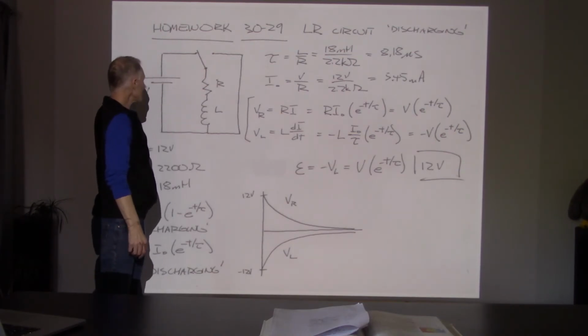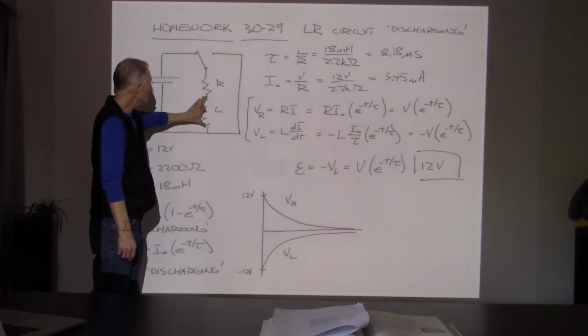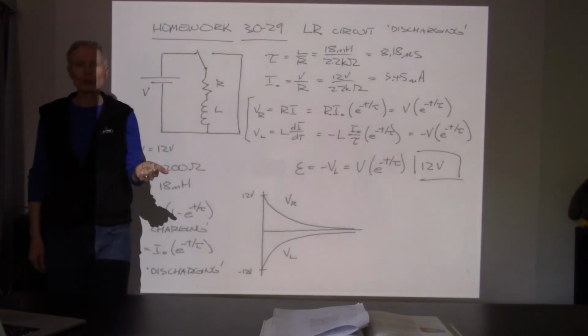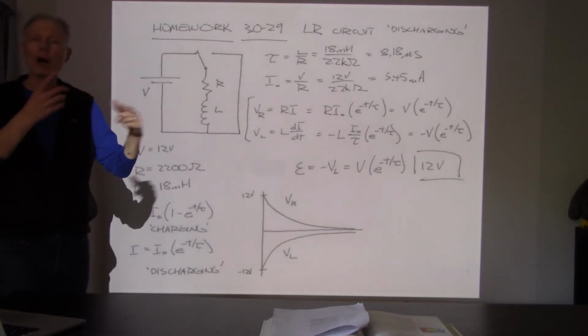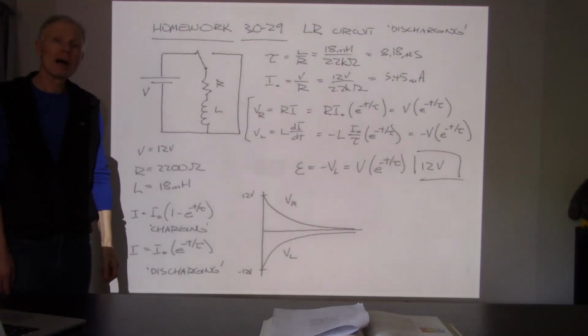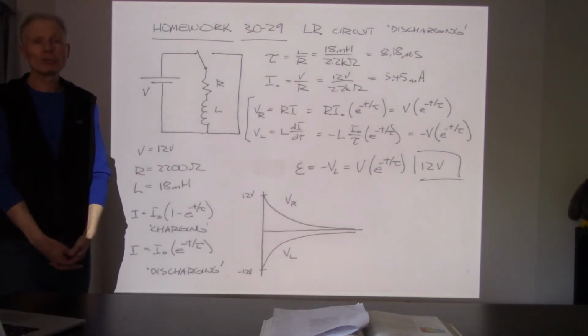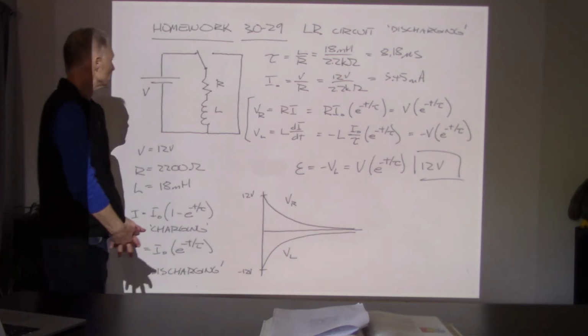But when the battery is out of the picture, there is now a 12 volt difference between these two ends on the inductor. There's current running through the resistor. And as long as there's current running through the resistor, we'll have a voltage drop. And that voltage drop will show up as an equal but oppositely oriented voltage drop across the inductor.